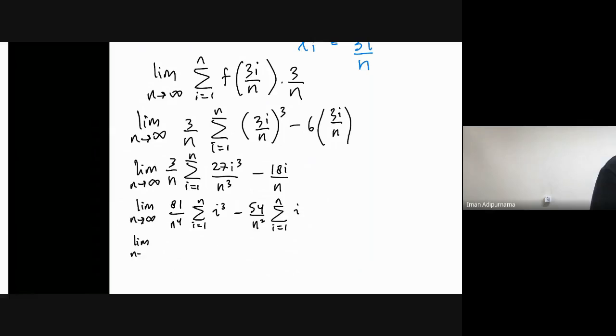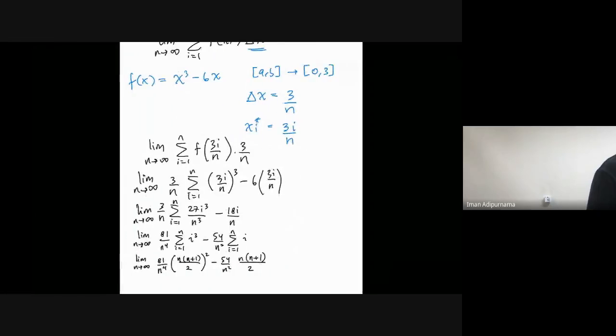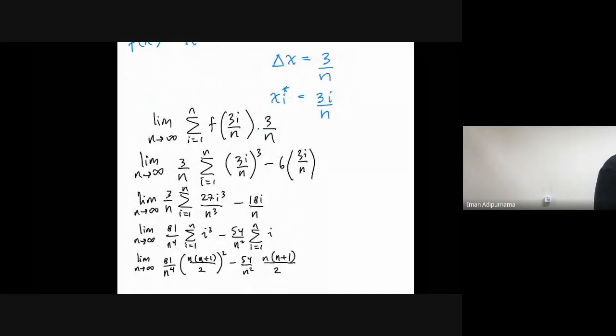So let's change all the i into the formulas in n. This will be n plus 1, divided by 2, squared, and then this becomes n plus 1 over 2. Let me make this smaller.